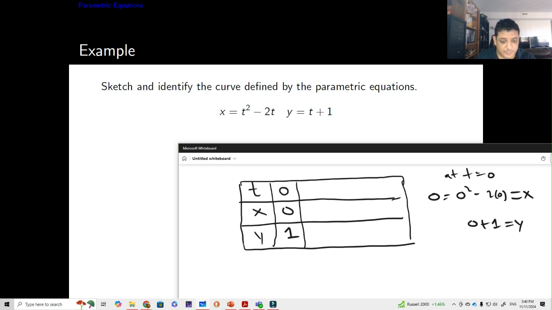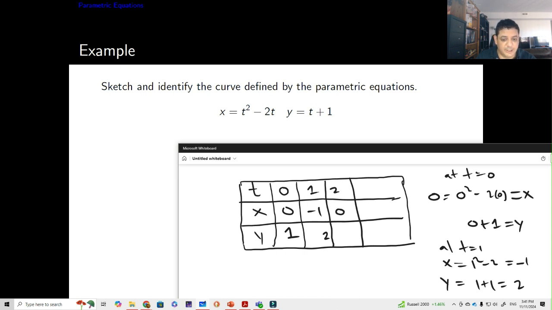We can continue giving values that way. At t equals 1, x is 1 squared minus 2, which is 1 minus 2, so minus 1. And y is 1 plus 1, which is 2. So we have (minus 1, 2). Then at t equals 2, we have 4 minus 4, so again we get 0, and for y we get 3, and so on and so forth.